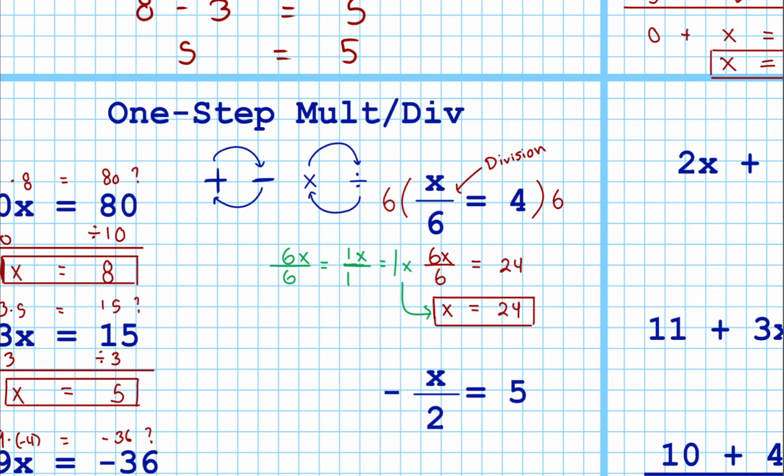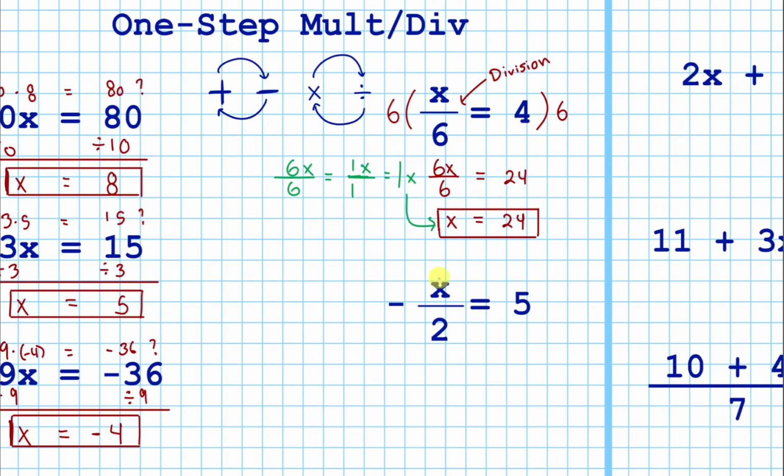Let's do another one, just to be safe. I've got negative x over 2 equals 5. This is division. I see division. That's what the fraction line represents. So I'm going to multiply. Without a second's notice, I'm going to multiply right now. And I'm going to multiply by 2. But let's be careful here. Because not only is this a 2, this whole fraction is negative. I'm going to multiply by a negative 2 to make sure that when I end my answer, my x is positive.